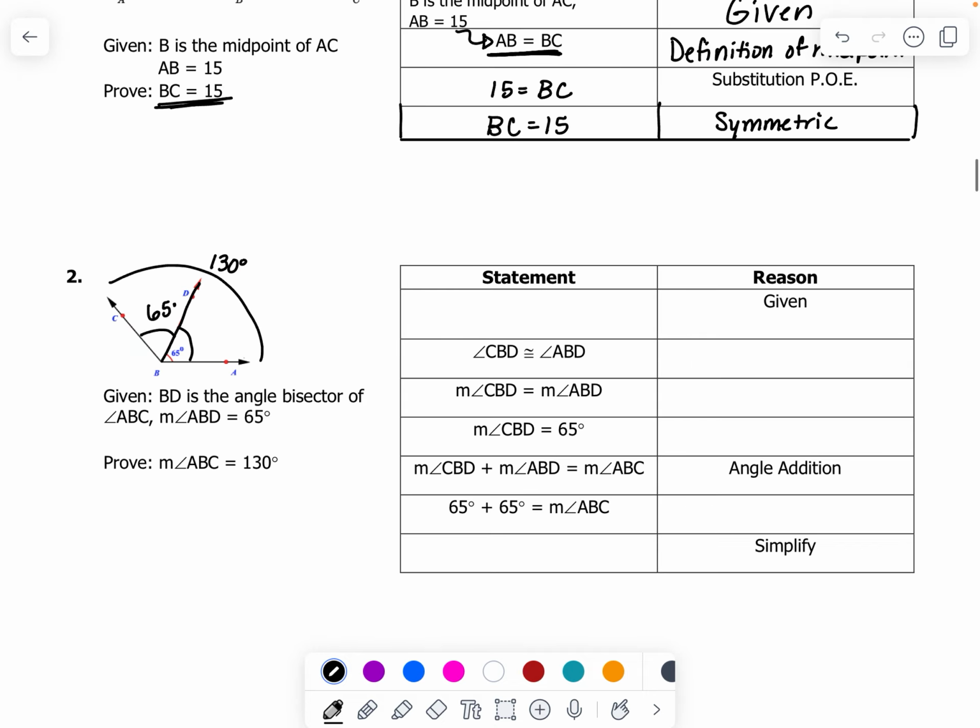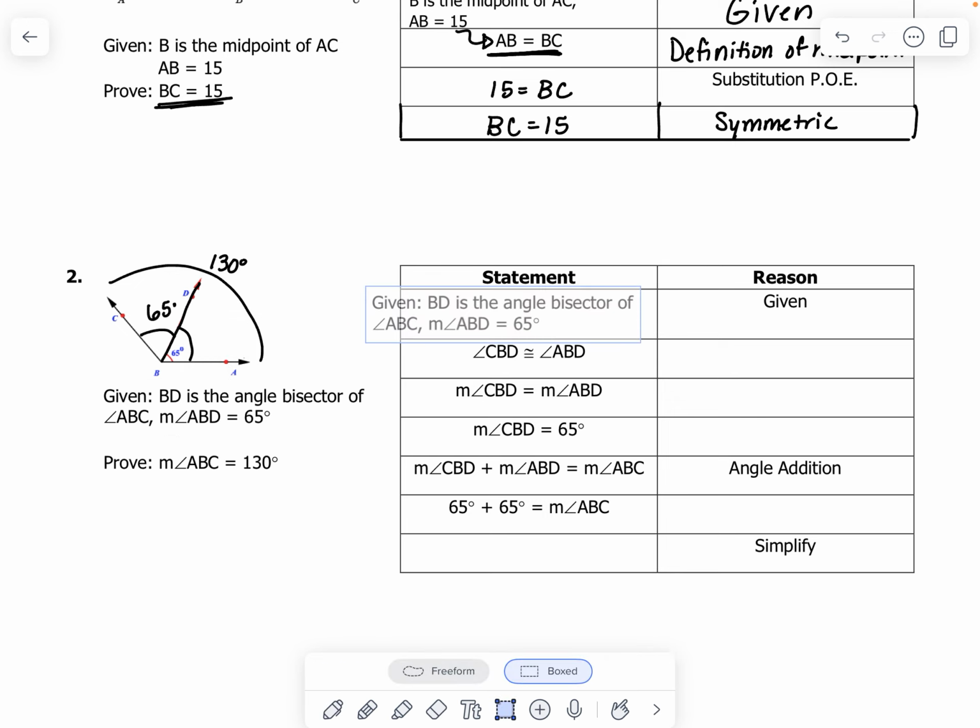Okay. So we're going to come over here, and the first thing we need to do is put in our statement. Well, that would be all of this. Paste that up there. Smarter, not harder, right? Okay. Secondly, they say angle CBD must be congruent to angle ABD.